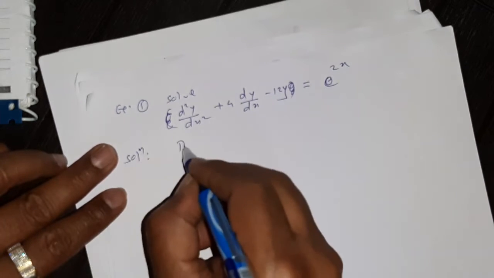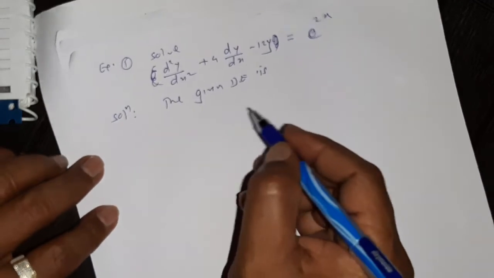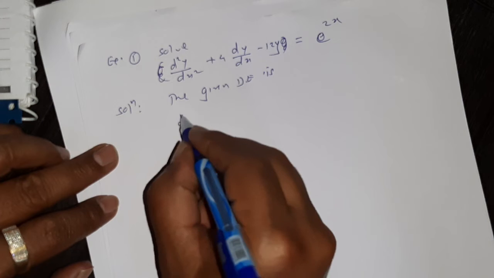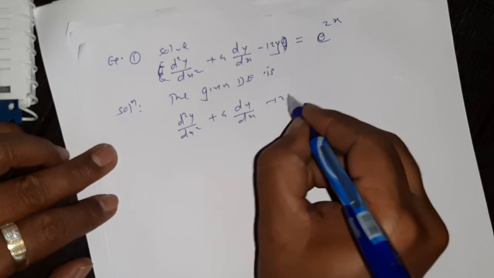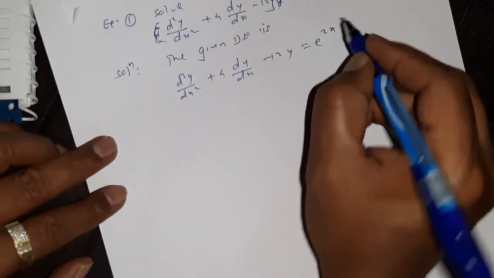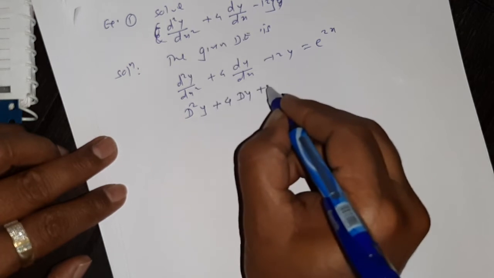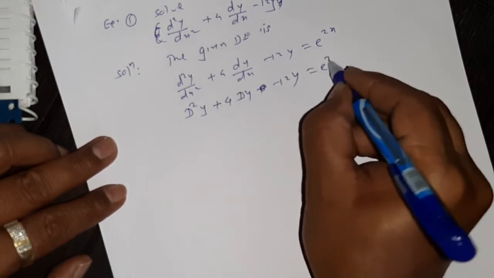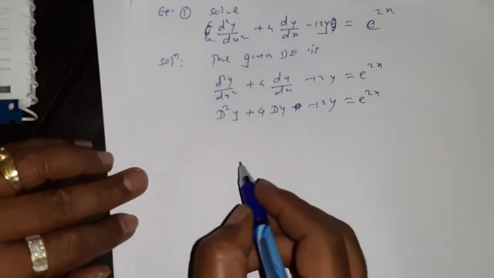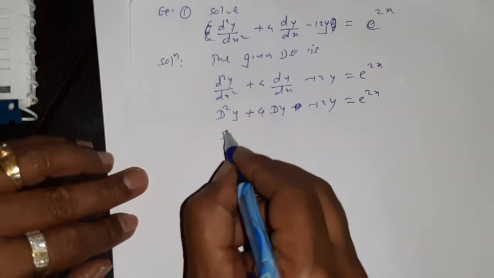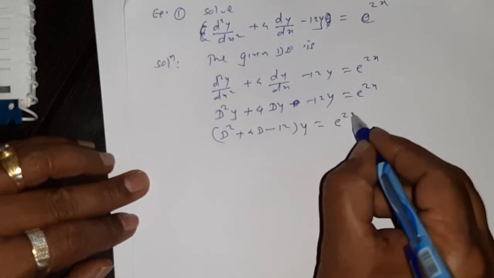Solution: the given differential equation is d square y by dx square plus 4 dy by dx minus 12y is equal to e raised to 2x. That is, D square y plus 4 Dy minus 12y is equal to e raised to 2x, and that is (D square plus 4D minus 12)y is equal to e raised to 2x.